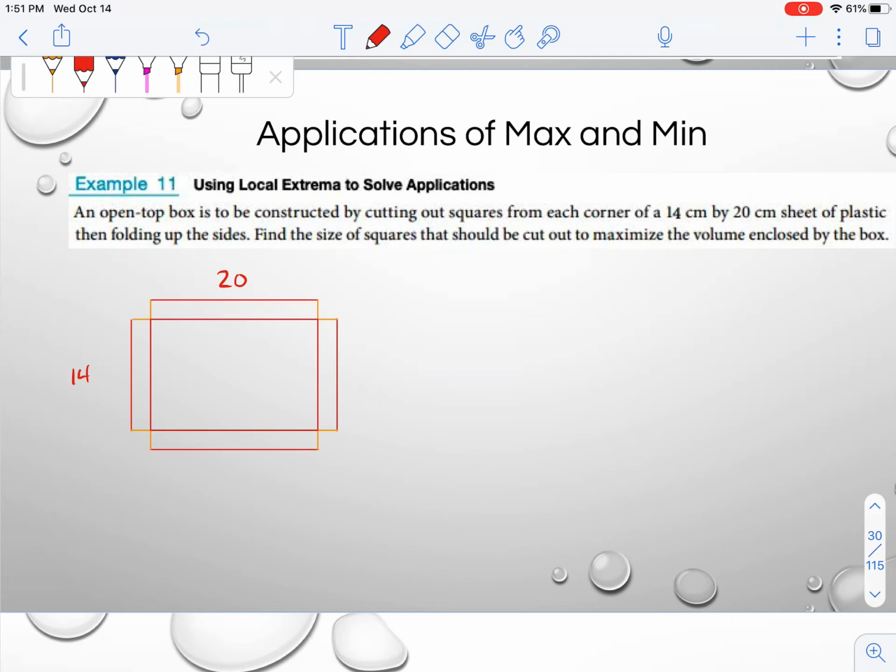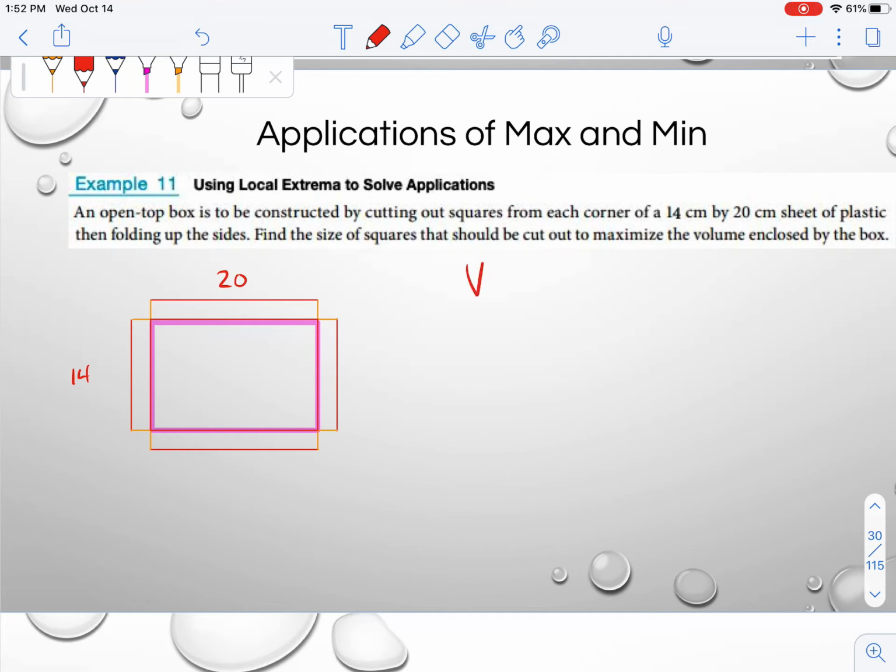All right, we're going to fold this up into a box, okay? So what I need to figure out next is what are the actual dimensions of the base here? Okay, I need the dimensions of the base of my box, all right?